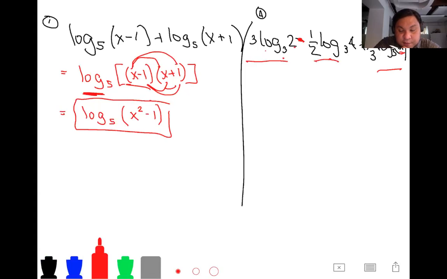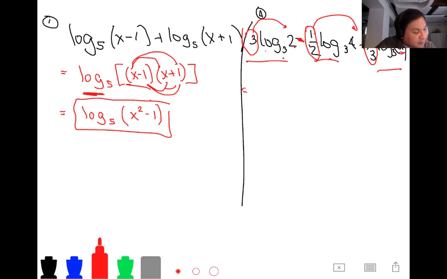The first thing we have to note is that there are coefficients in front of the logarithms. And when you're simplifying logarithms, you cannot have coefficients in front of them. So therefore, we're going to move these coefficients to become exponents of the powers.